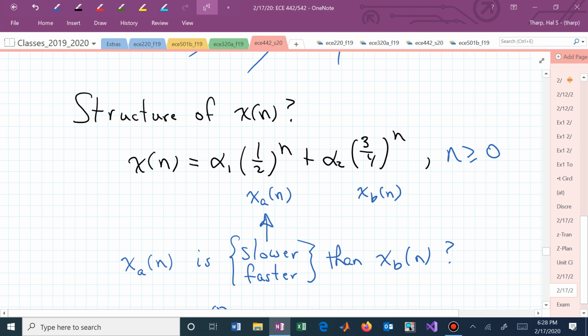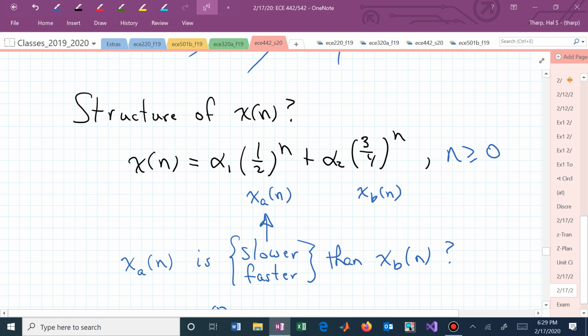Where are we? Oh, x sub a of n. So now I'm putting this x of n into two pieces. X sub a of n and x sub b of n. X sub a of n is slower or faster than x sub b of n. Thumbs up if you think it's slower, that's on the top, and thumbs down if you think it's faster. Okay? I have two component parts, and don't answer until I give you the 3, right?